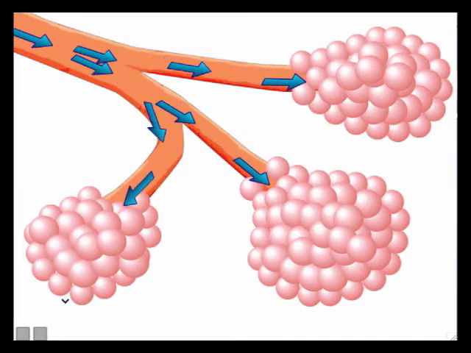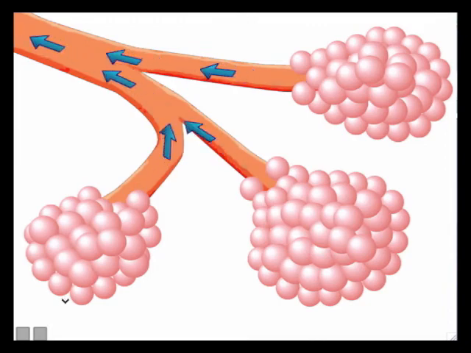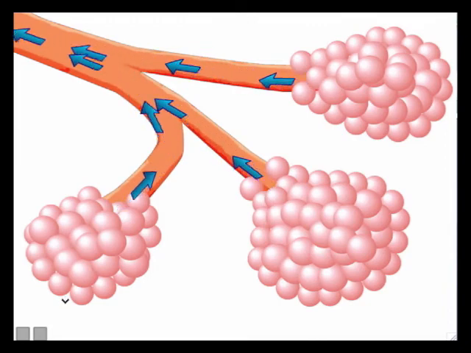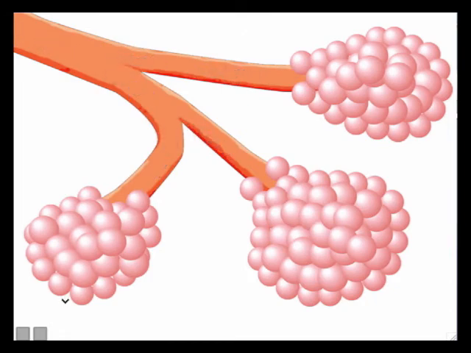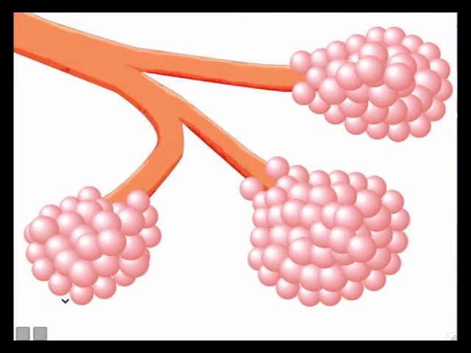But the air in the bronchioles doesn't just end there. The air fills up in the bronchioles, flows into these alveoli and fills them up. And then when you expire, when you breathe out, as we'll see here in a second, the air flows out of these alveoli into the bronchioles and then into the bronchi and eventually back out of your nose.